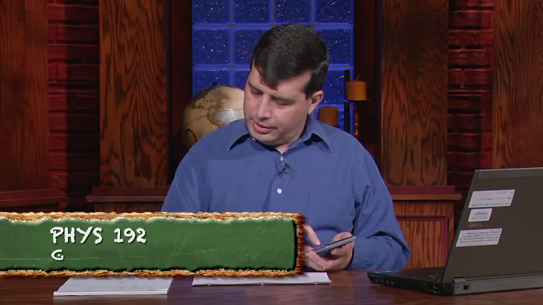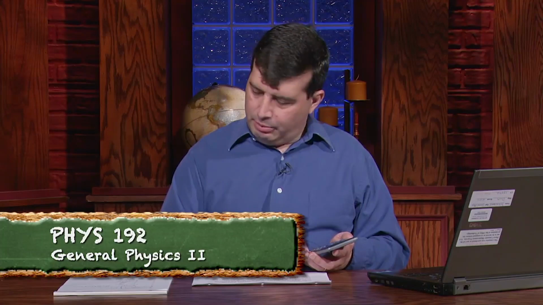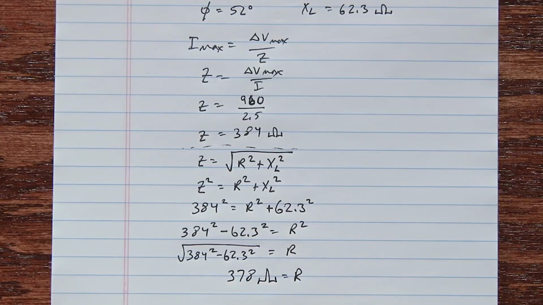The square root of 384 squared minus 62.3 squared is equal to 378 ohms. That's the resistance, and that's what we were asked for. 378 ohms is the resistance of the resistor.